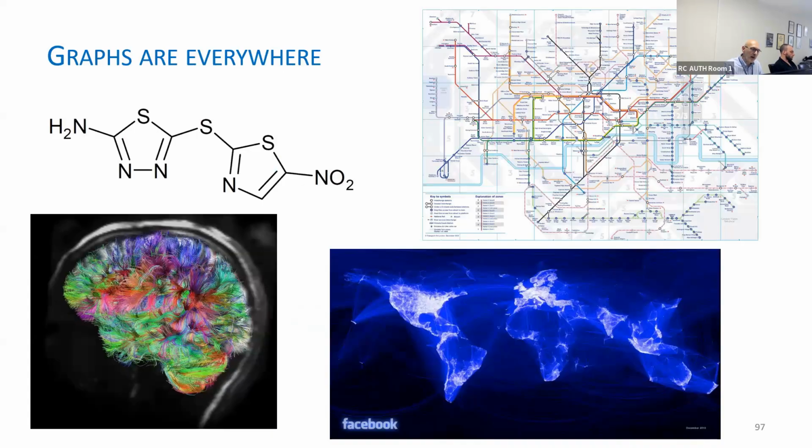So, okay, about graphs, here there is some very basic slide about the relevance of graphs, but you are aware of this. Graphs can be used to model very different things.